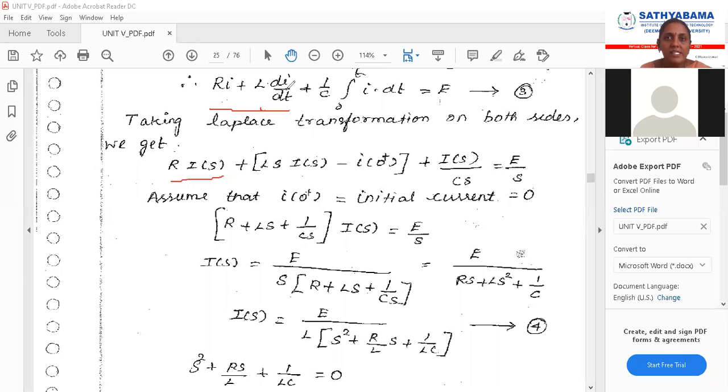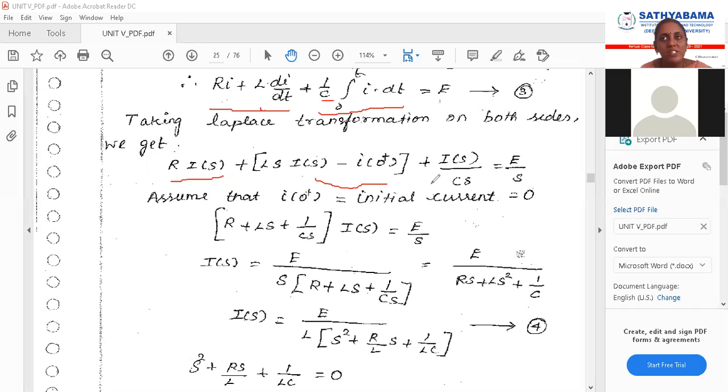Plus L into, for di by dt, S into I of s minus I of 0 plus. What is I of 0 plus? I of 0 plus is the initial current. Plus 1 by c integral of 0 to t I dt, which on taking Laplace will be 1 by s, and you have a c here, so I of s by cs.